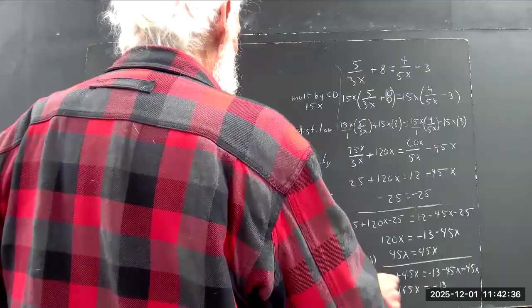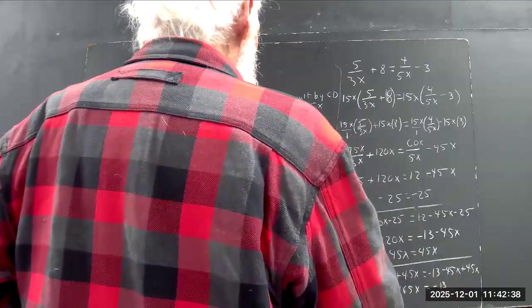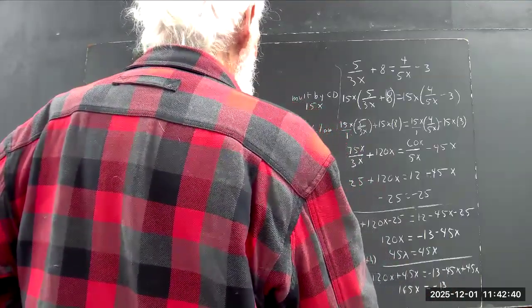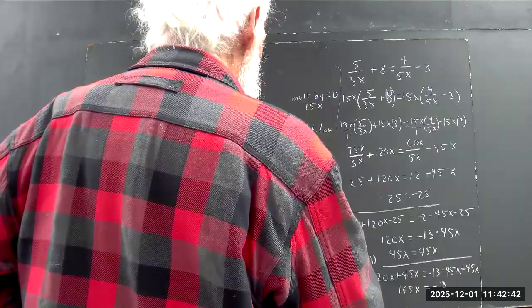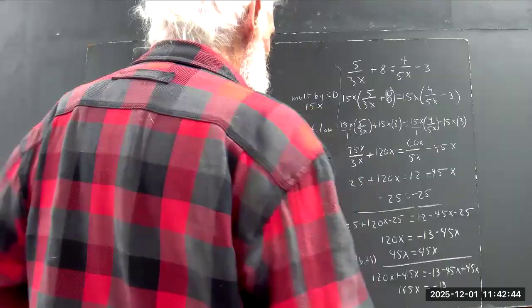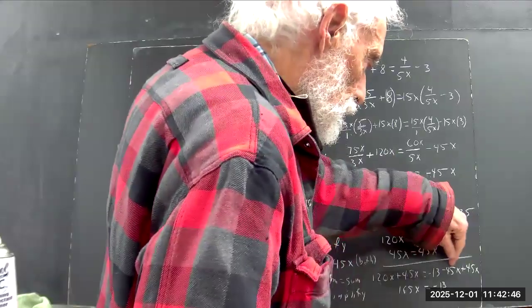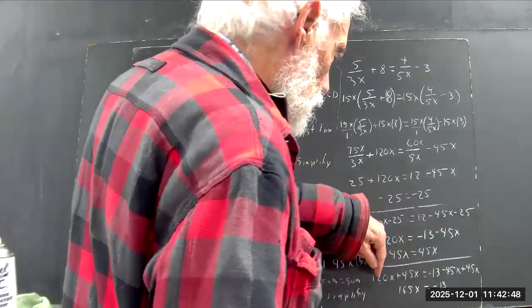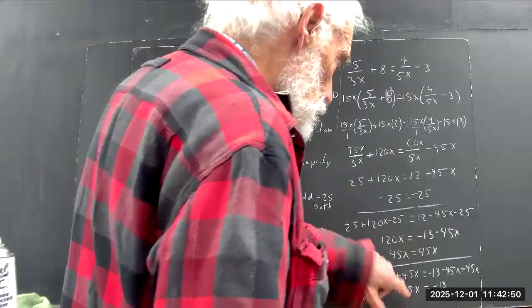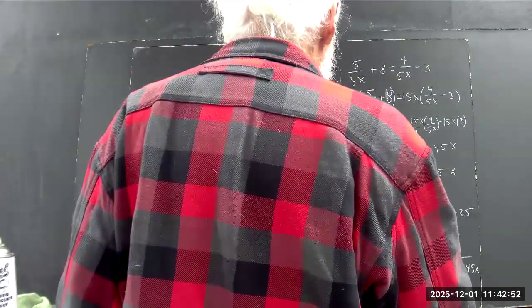I'll denote this step as sum equals sum, and I'll denote this as simplify, because I'm just adding the negative 45x to the 45x, and 120x to the 45x.